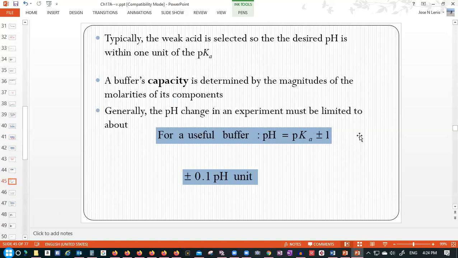We cannot get too crazy adding extra strong acids or strong bases to the buffer. You will damage the buffer. That's not going to work anymore. You need to prepare a fresh buffer. So it will accept a fair amount of extra acids or bases. However, the pH should not change more than 0.1 units.